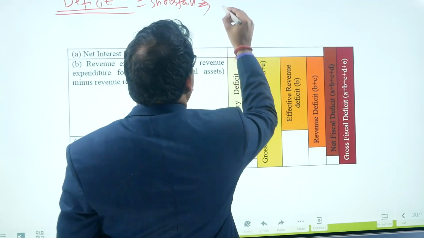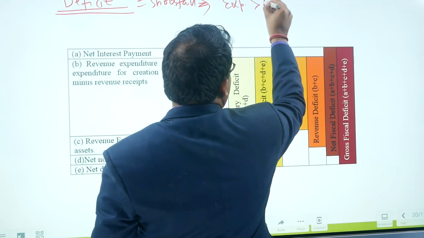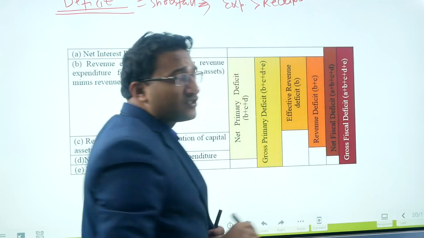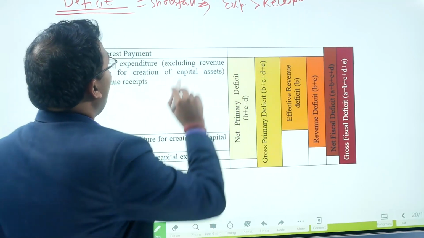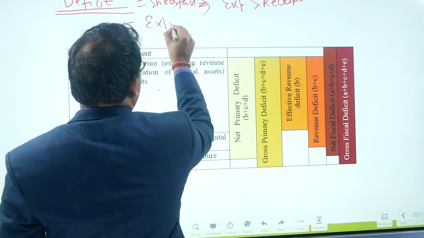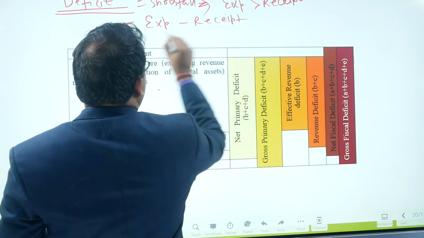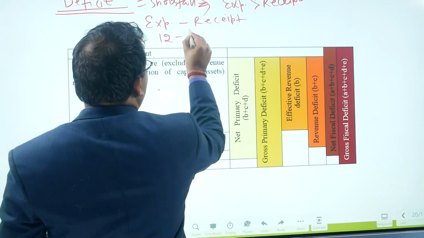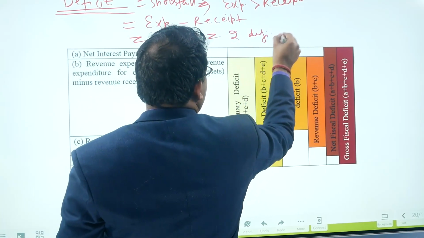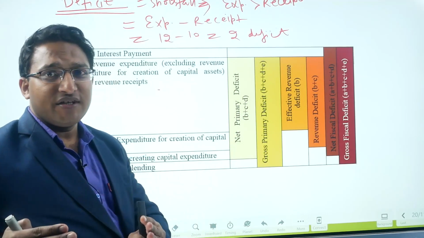So the shortfall basically means that expenditure is more than the receipt. The deficit is equal to expenditure minus receipt. If the expenditure is rupees 12 and the receipt is rupees 10, that means we have a rupees 2 deficit, right? Now there are multiple kinds of deficit.